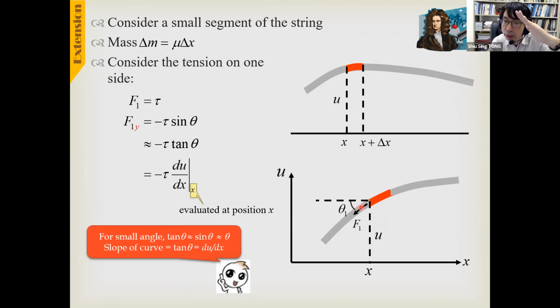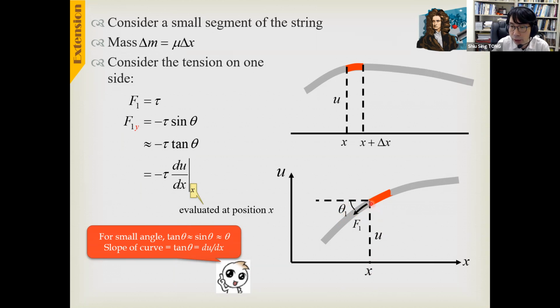This angle is below the horizontal direction, so the tangent force that acts on this red segment from the left-hand side is in this direction. This is the tangent force F1, and this force is pulling this part of the string downwards, at an angle theta 1 to the horizontal direction. Is that clear?